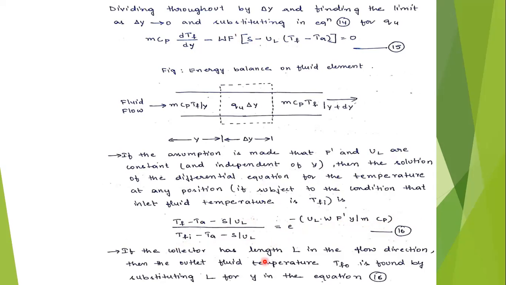If the collector has length L in the flow direction, before we assumed Y, here we are assuming length L in the flow direction, then the outlet fluid temperature Tf naught is found by substituting this length L for y in the 16th equation. So if the collector has length L, then the outlet fluid temperature is denoted as Tf naught.